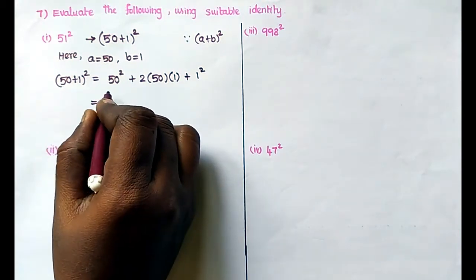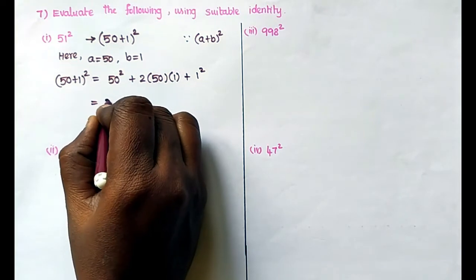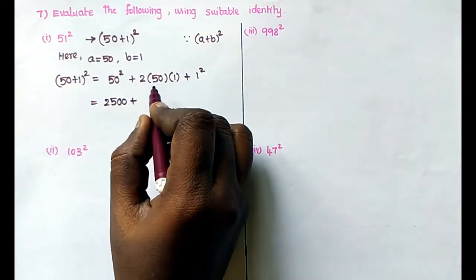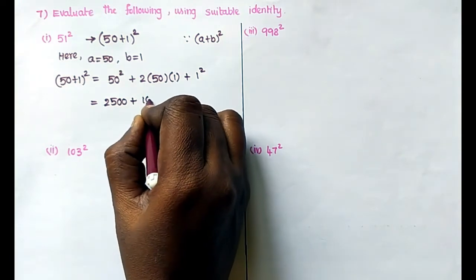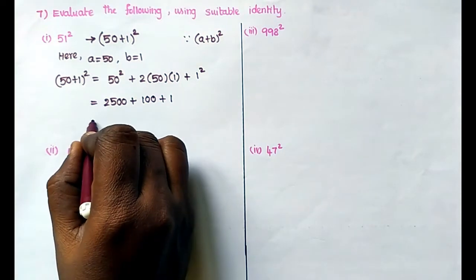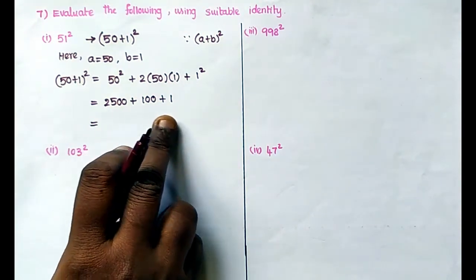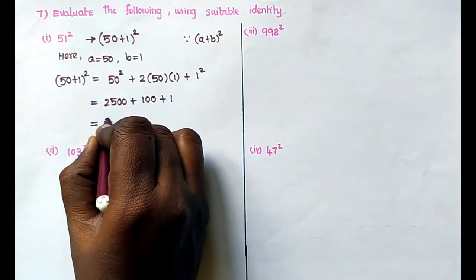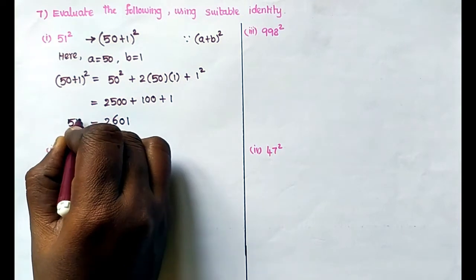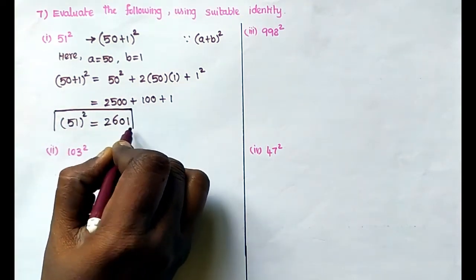Now 50 squared, that is 50 into 50, that is 2500, plus 2 into 50, 100, plus 1 squared, 1. How much? We add this one and we get 2601, that is 51 squared. That is the answer.